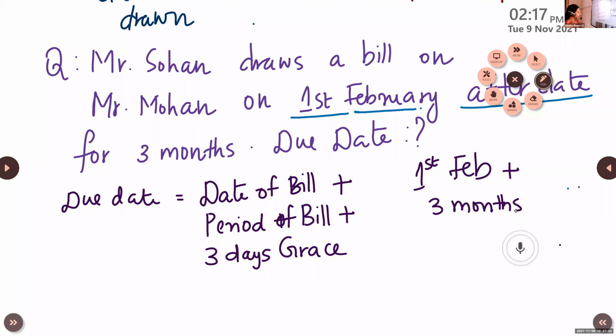May 1. So you get May 1. Then what you do? Plus 3 days grace. Grace period is always 3 days. Okay? You cannot give more than 3.